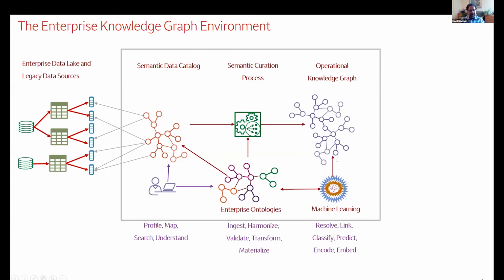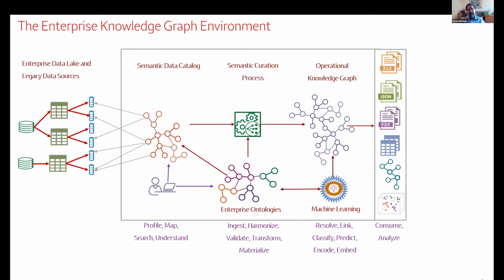We can also leverage machine learning against the operational knowledge graph to better connect the dots by using link prediction and entity resolution techniques, classification techniques, and then ultimately these encodings that support what we call graph representation learning or knowledge graph embeddings.